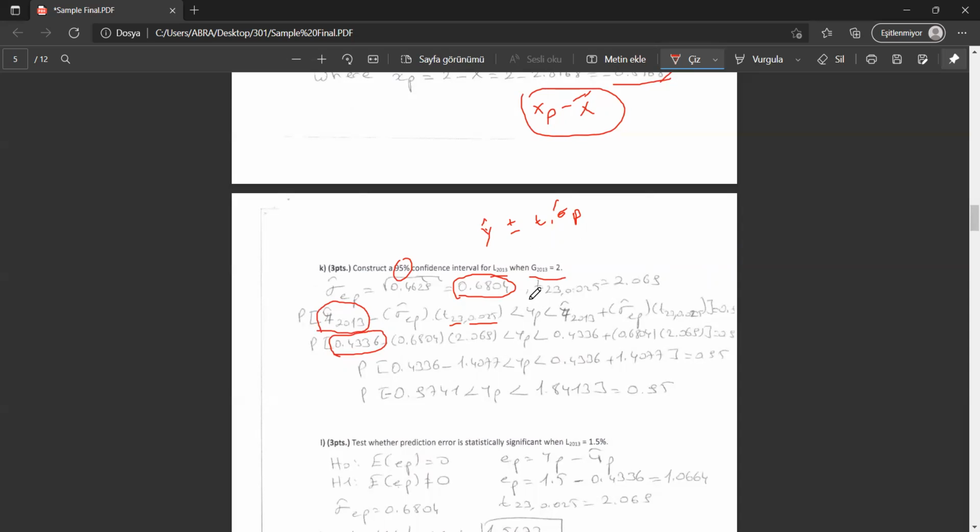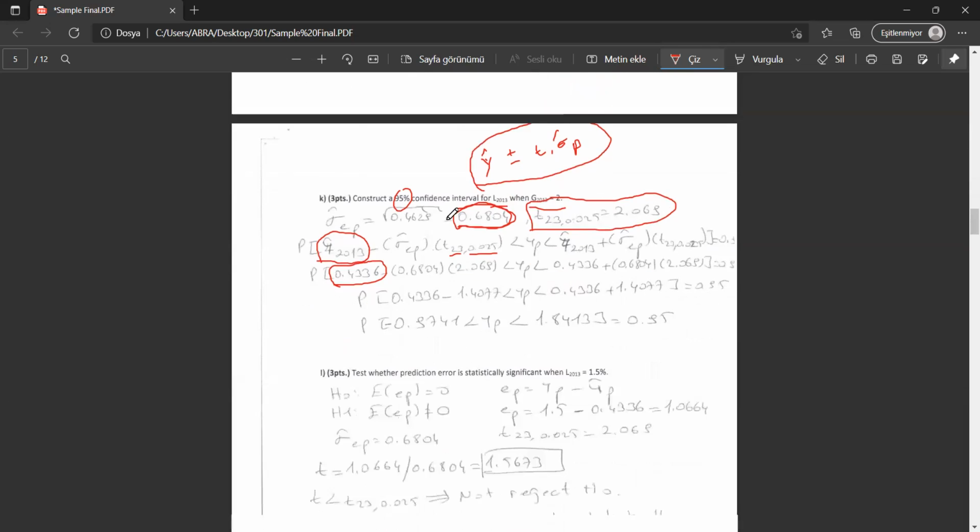That's all. T value is given. We have used it in the previous part, so we know that it is 2.069, and the error prediction is counted as 0.68. So that's all. I hope you can do it in your final.